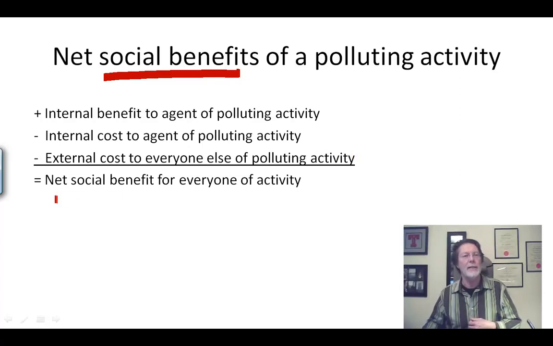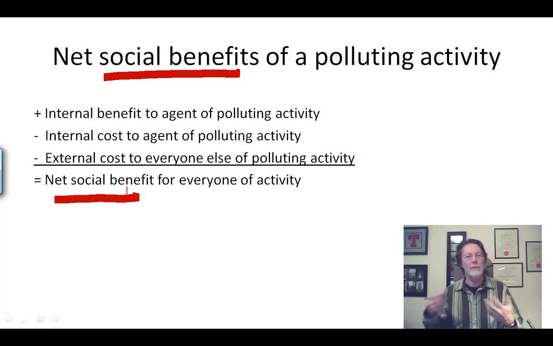This is the net social benefit for everyone of the activity. And the question is, can you use a system of private property rights in the presence of external costs and still maximize total net benefits, make everything efficient?